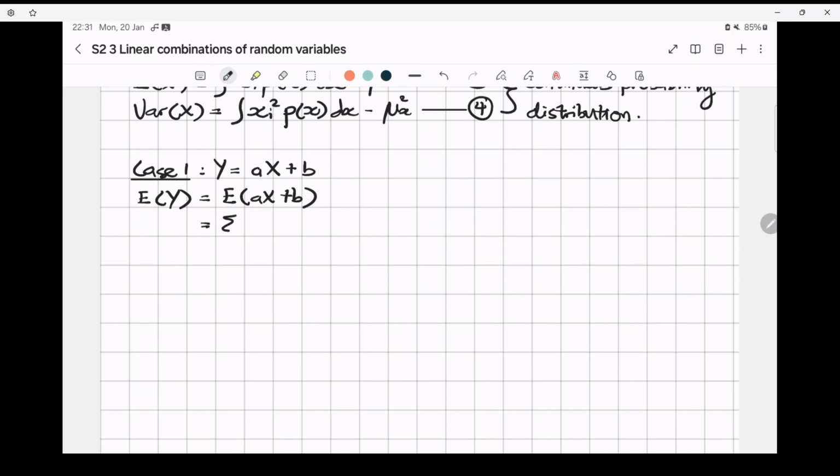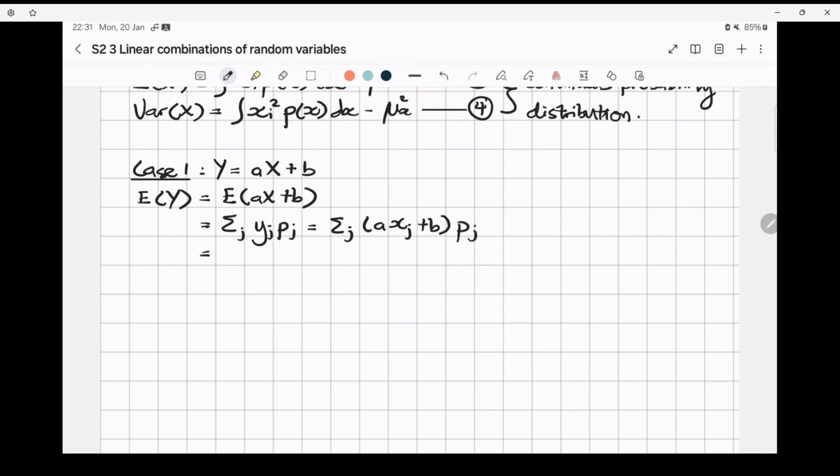By definition, this is the sum over j of y_j p_j. I will denote all the Y-relevant stuff with the index j. So you can change it to the sum of (a x_j + b) p_j.